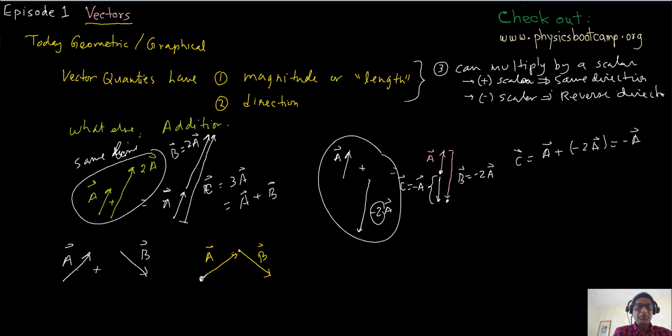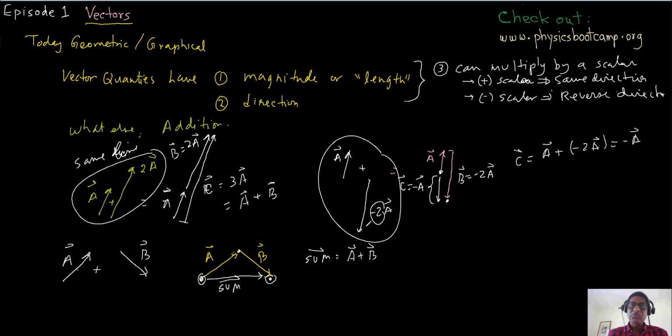So I started here and end here. That's what the sum will be. The sum vector is from the beginning of A to the end of B, B having been drawn from the tip of A. Sum is just A plus B.